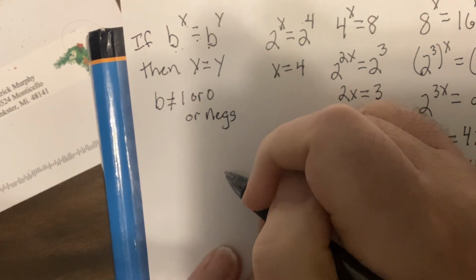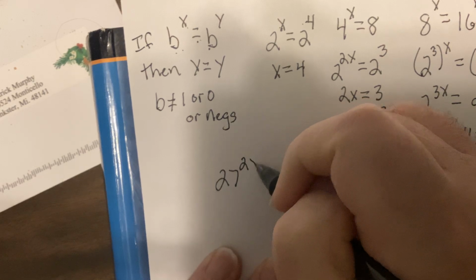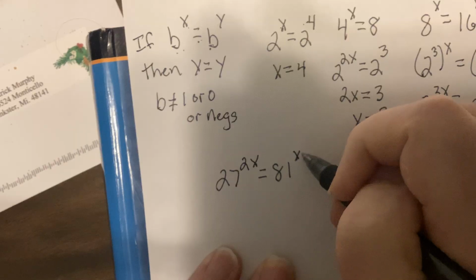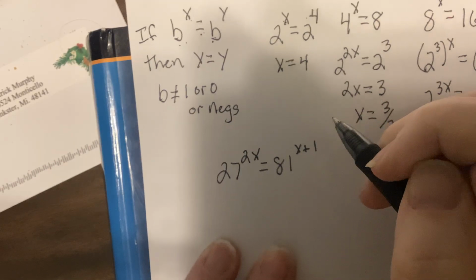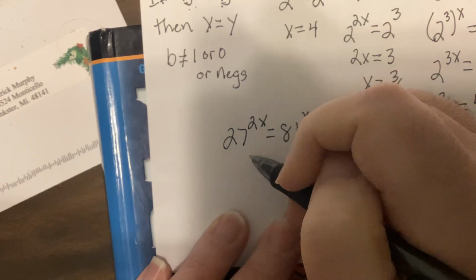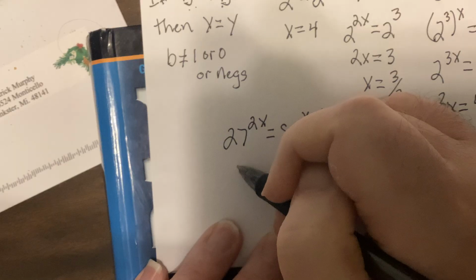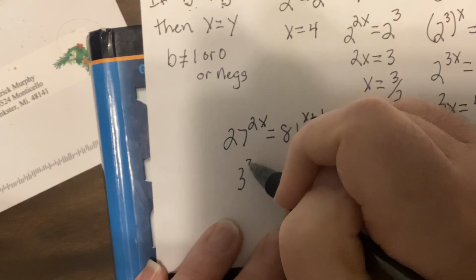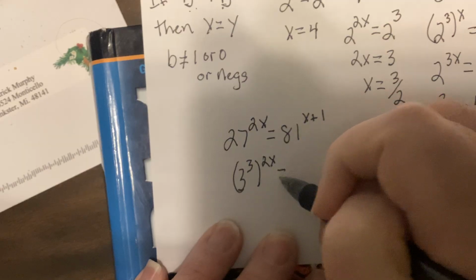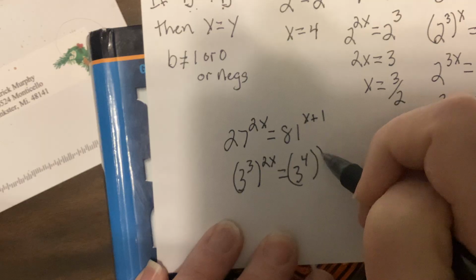So see if you can do one on your own. 27 to the 2x equals 81 to the x plus 1. So go ahead and try to do it. So this would be 3 cubed to the 2x equals 3 to the 4th to the x plus 1.